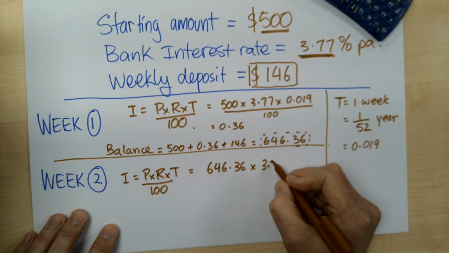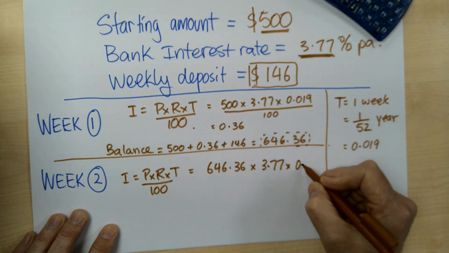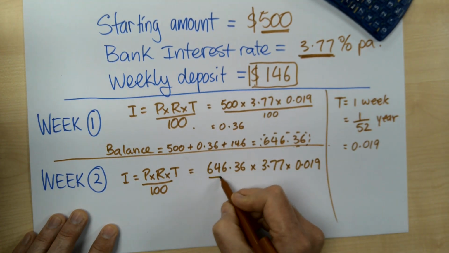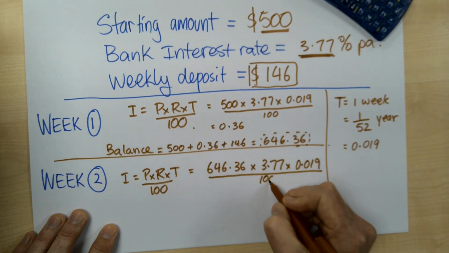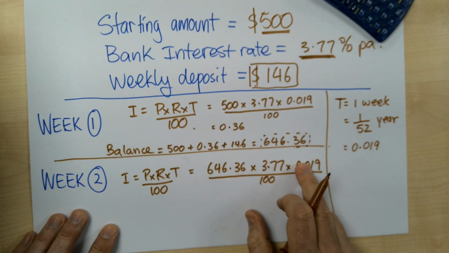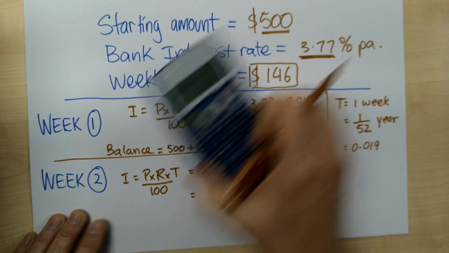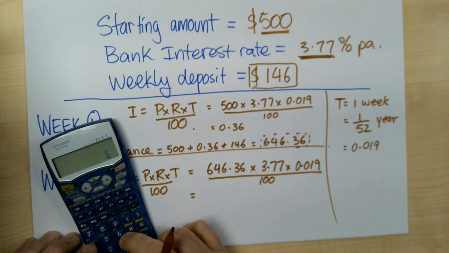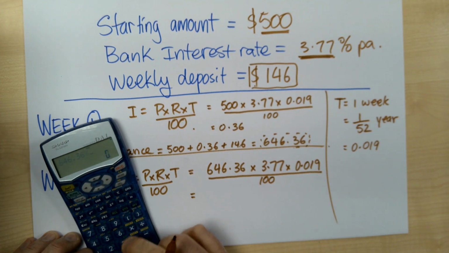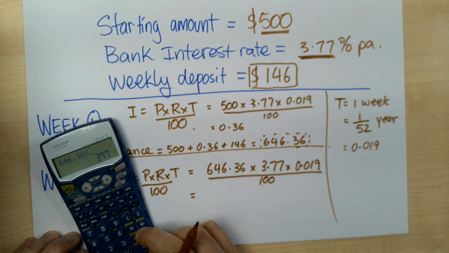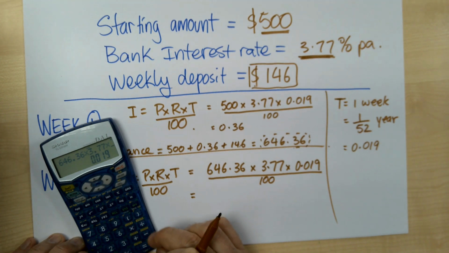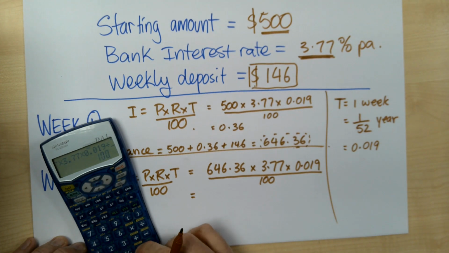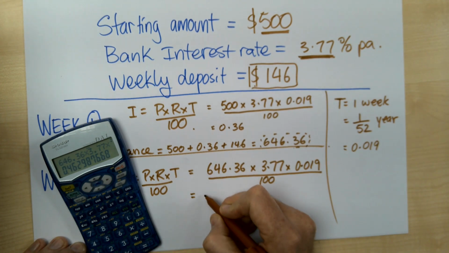Interest rate has not changed. Time has not changed. So P times R times T over 100. 646.36 times 3.77 times 0.019 divided by 100. It's about 46 cents now.